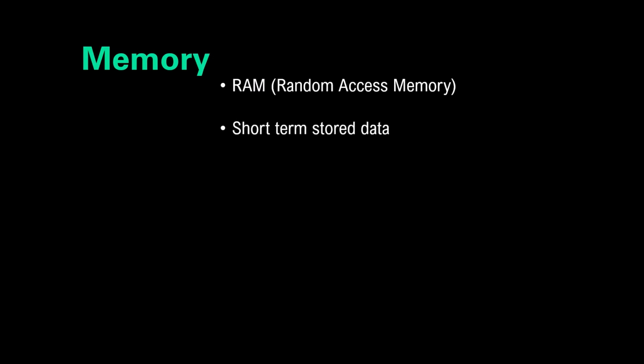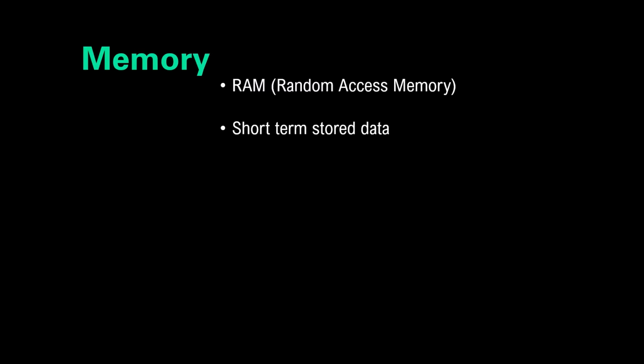And the reason is because it's such short-term storage that you don't need to use long-term memory for it. So memory, in essence, is any information that is used on a short-term basis.